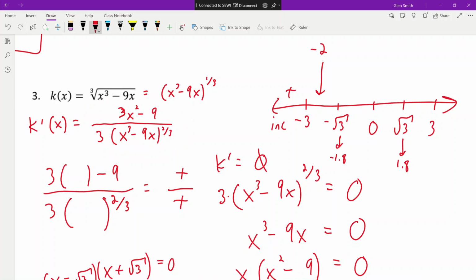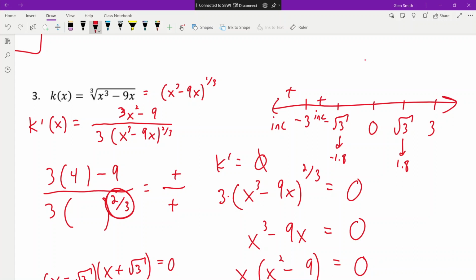I'm going to get 3 times 4 minus 9, that's a positive number, 12 minus 9, divided by, if I put negative 2 in that denominator, you can find out what it is, but again, it's being raised to the 2/3, which means we're squaring it, which means it's positive. So this is positive here, which is increasing. Same process. It gets a little weird when the numbers are weird.